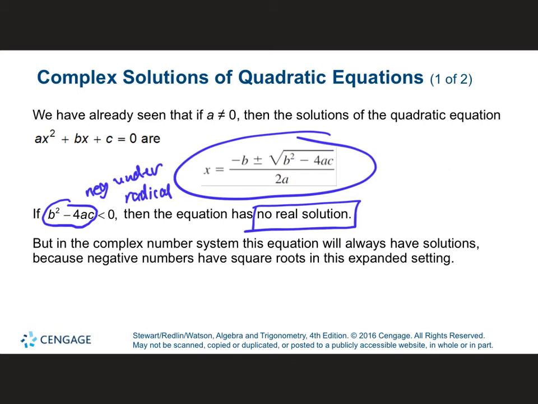But complex numbers are solutions. They're just imaginary. So if the question asks you for all of the solutions, then you can give the real ones or the imaginary. If they ask you for all the real ones, then they just want the real stuff.